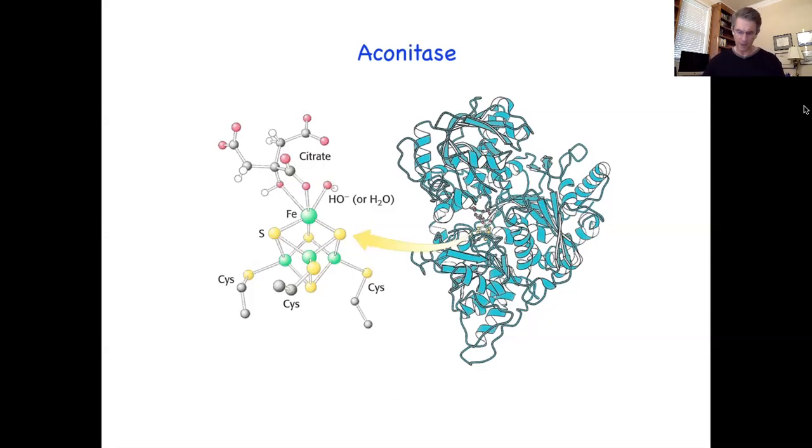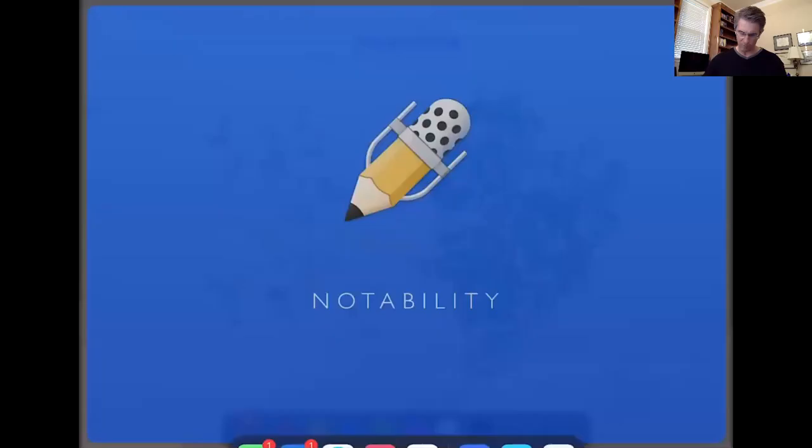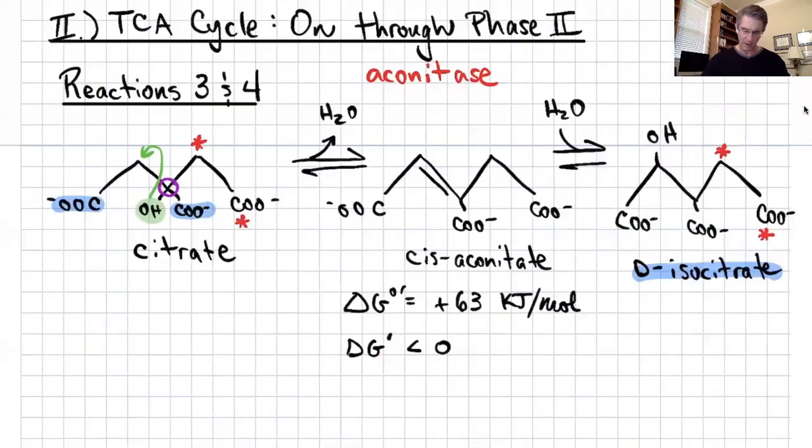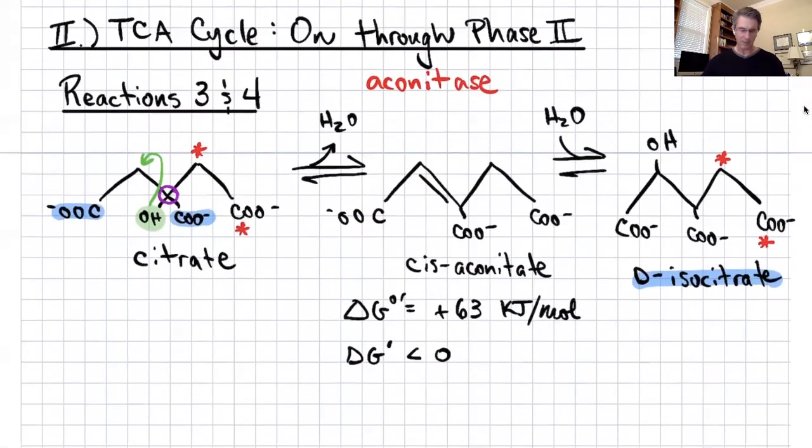But let's go back to that question I left you with. We were looking at this reaction just a moment ago, which was, how is that possible? You'll notice two things, potentially. One, I'm claiming that I know where the carbon identity is.